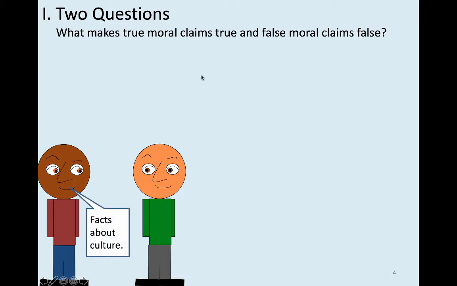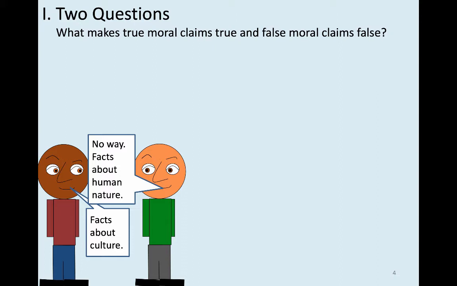So let's make this clear. Suppose somebody asks, what makes true moral claims true and false moral claims false? And this person replies, well, I think it's facts about culture. What the person is saying is not a general moral rule or guideline. Saying facts about culture doesn't really tell you how you ought to behave. What the person is saying is that this is the source of morality. This is where morality comes from. Morality comes from culture. That's an assertion; I'm not saying it's the correct assertion. It's what that person is asserting.